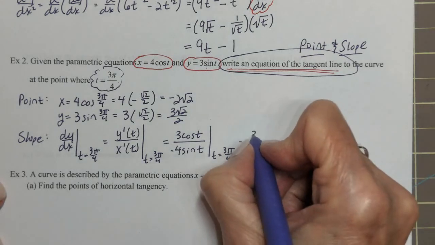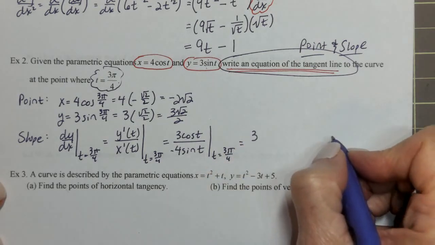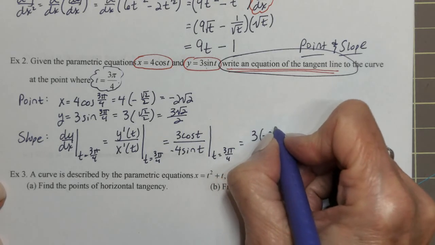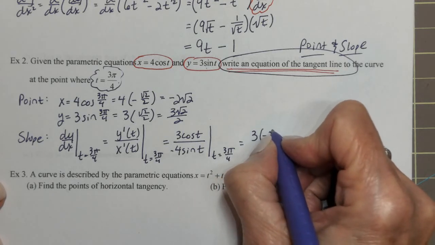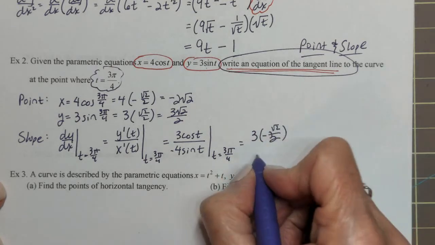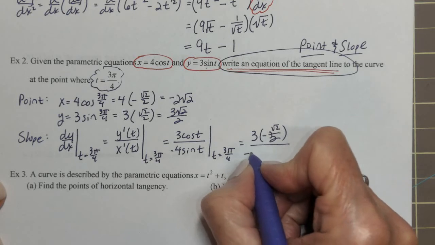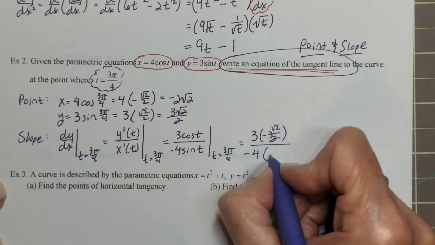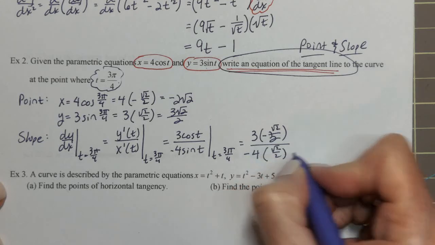This will give us 3 cosine of 3 pi over 4, which is negative square root of 2 over 2. And then we have negative 4 sine of 3 pi over 4, which is positive square root of 2 over 2.